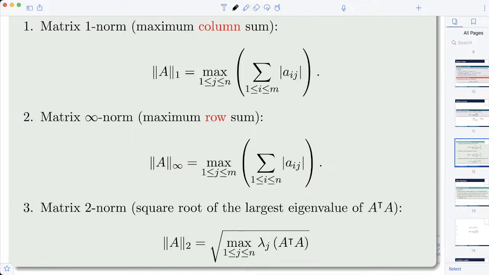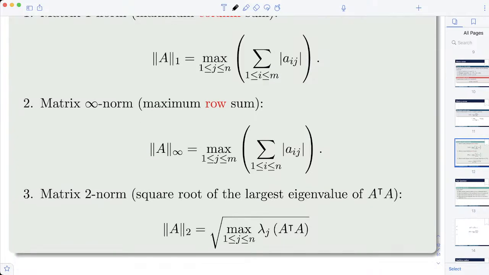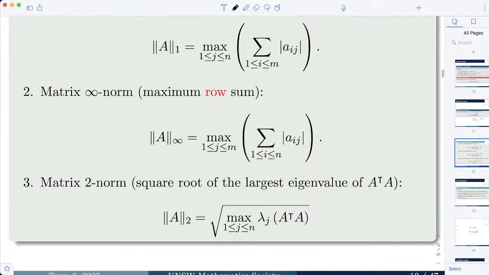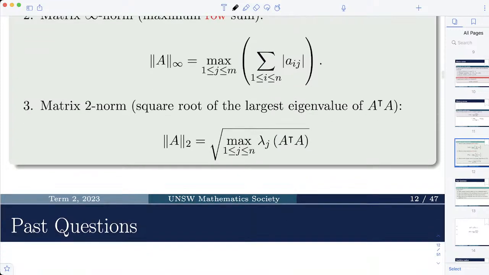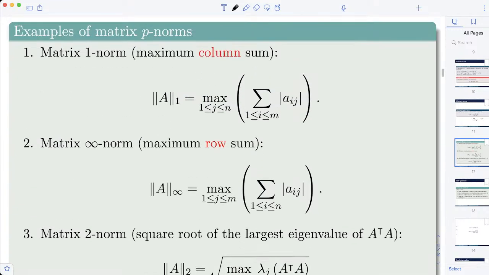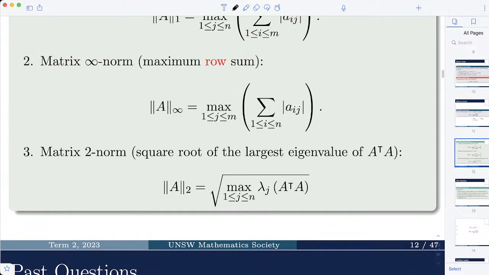And I'll say the most important one to look at is probably your 2 norm over here with the square root of the largest eigenvalue. Basically just the largest singular value. In case you get asked a question that involves eigenvalues and has your 2 norm, you might have to use this. But just sort of carrying off matrix norms.